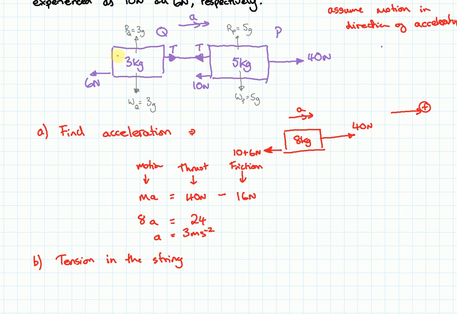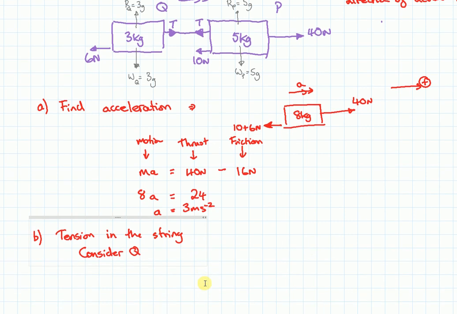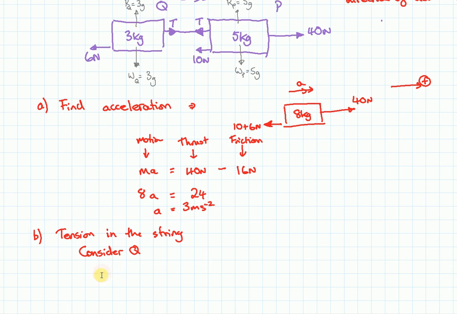So we could do it with P, we could do it with Q. And so let's consider only Q. I'll show you, it should work out as well for P. So if we consider Q, we've got 3 kilograms with a thrust coming from the tension. We've got 6 newtons pulling it backwards, and it's accelerating, we now know, at 3 meters per second squared.